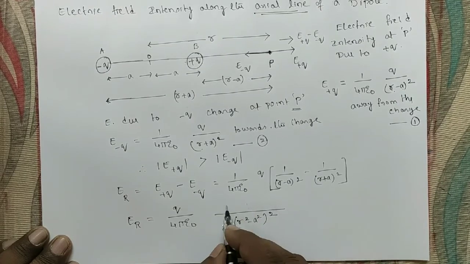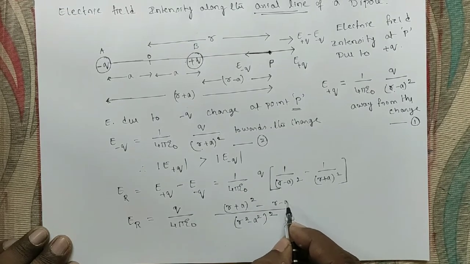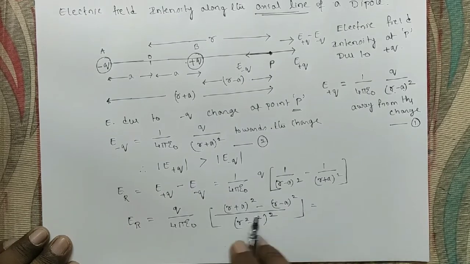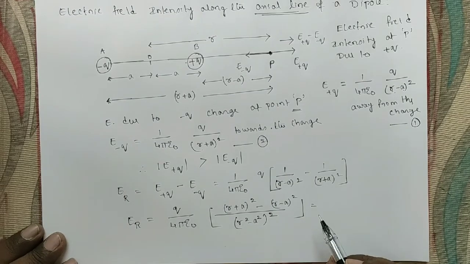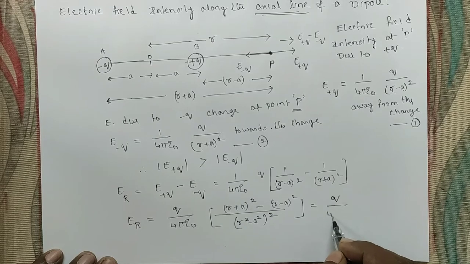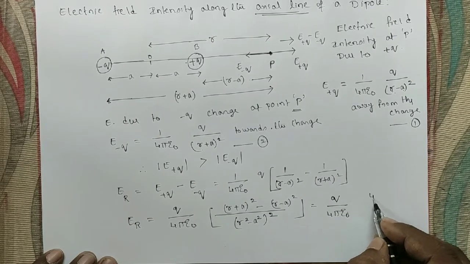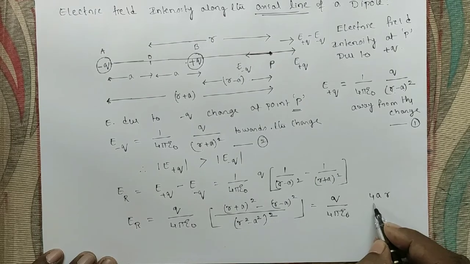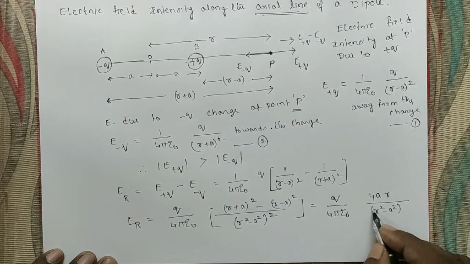Okay, and then the numerator is (R plus A) whole square minus (R minus A) whole square, you will get it. Finally, (A plus B) whole square minus (A minus B) whole square means 4AB. Like that, you can write Q by 4 pi epsilon naught into 4AB, which is 4 into R into A. So 4AR by (R square minus A square) whole square.